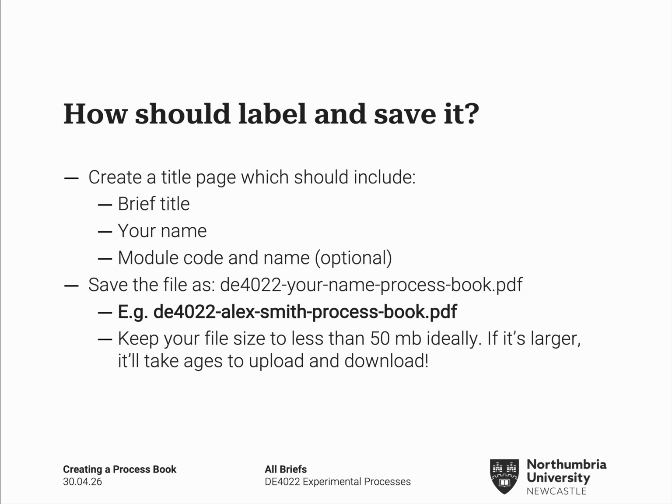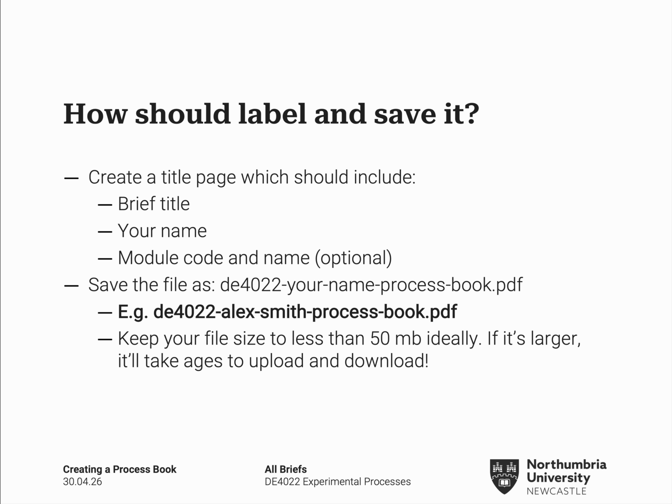And try and keep your file size to less than 15 megabytes ideally. We're not going to stress if it's 75 or 80 or whatever it would be, but if you're producing a document that's like a gigabyte, you know it's too big. So you're going to need to make sure when you save it out that there are various saving settings in PDFs. You can save it for screen, which is absolutely fine for our purposes, and will create a much smaller file.